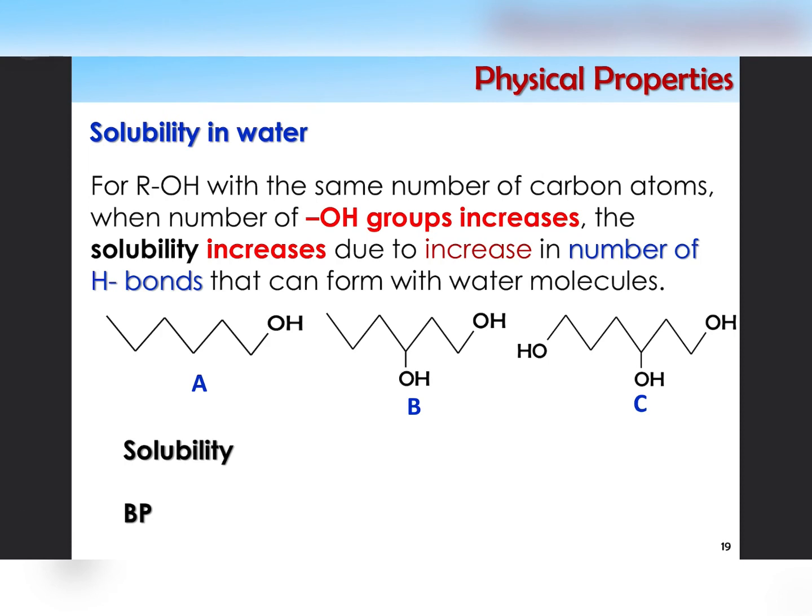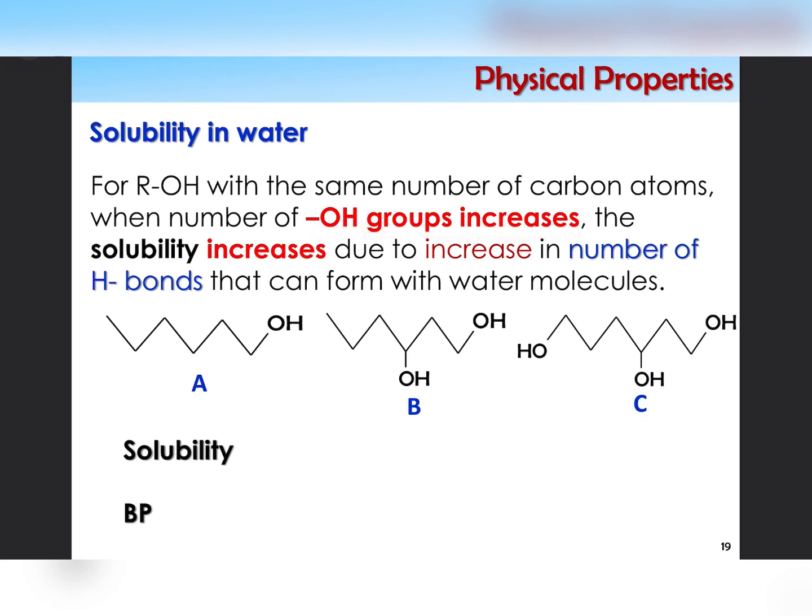Okay, so now kita susun solubility in water. So you have A, B and C. So apa perbezaan A, B, C ni? Semuanya 1, 2, 3, 4, 5, 6. All of them have 6 carbon. But A 1 OH group, B ada 2, C ada 3. So ini kita akan susun ikut the increasing number of OH group.